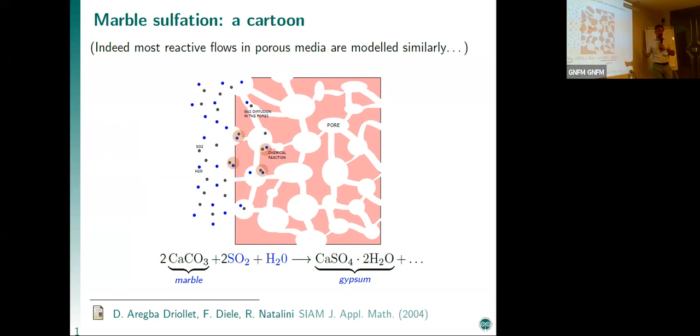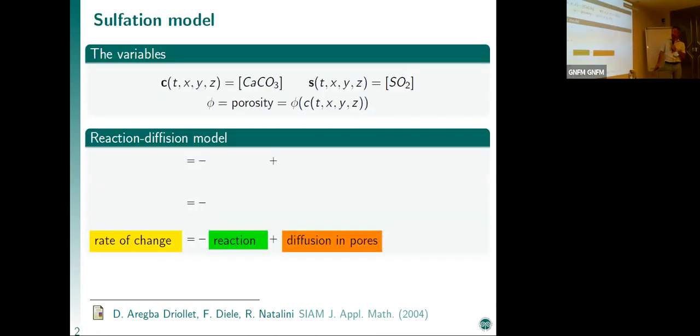So even though I will talk about marble sulfation, any kind of process that involves the diffusion of some pollutant inside the pores of a material and a chemical reaction transforming the material there will likely have a very similar mathematical model to this one, and will likely be amenable to numerical simulations with the methods I'm going to talk about today.